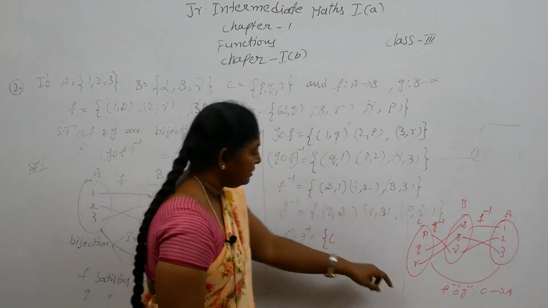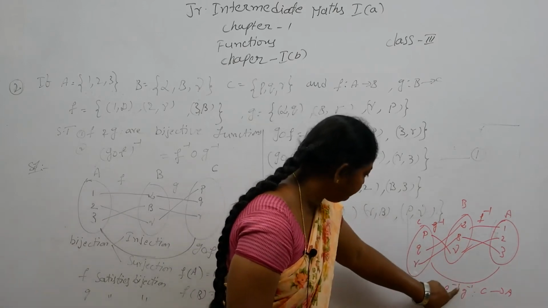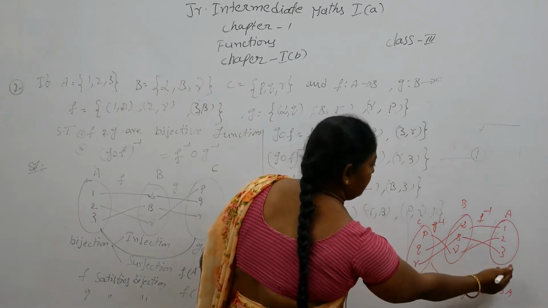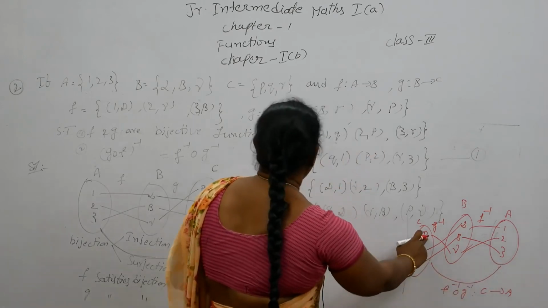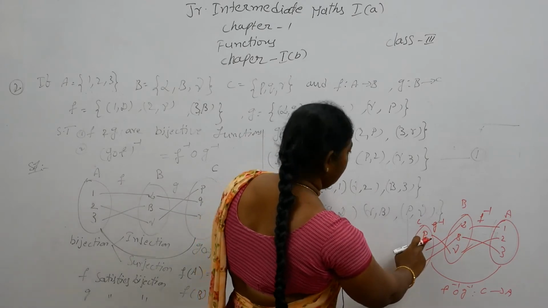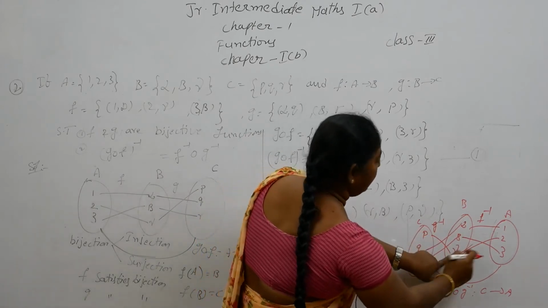Once you check, f inverse of g inverse equal to C to A. So P to 2, R to 3.